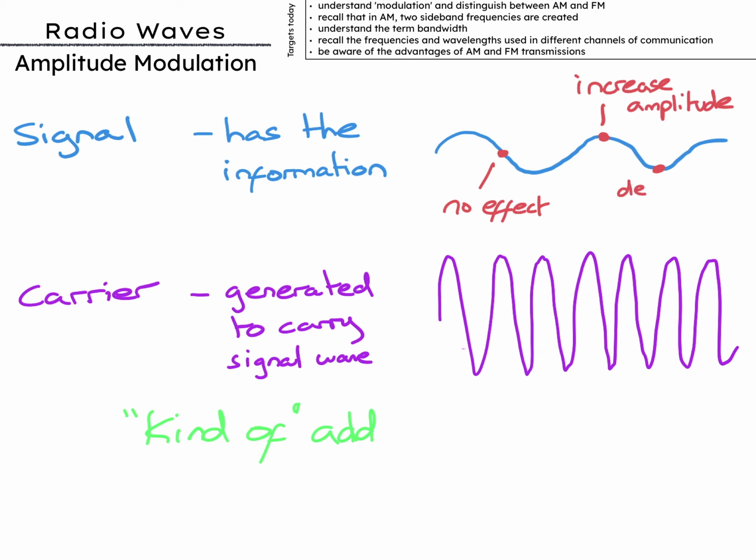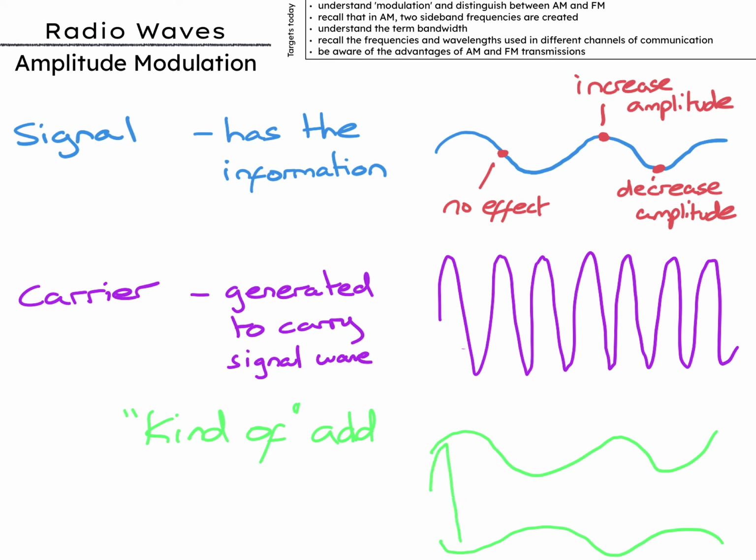And when the signal wave is negative, the amplitude of the carrier wave is decreased. So it's quite simple, really. The amplitude of the carrier wave is being modulated by the strength of the signal. Let's have another listen to what it sounds like.